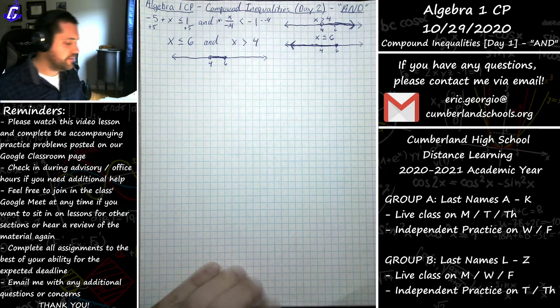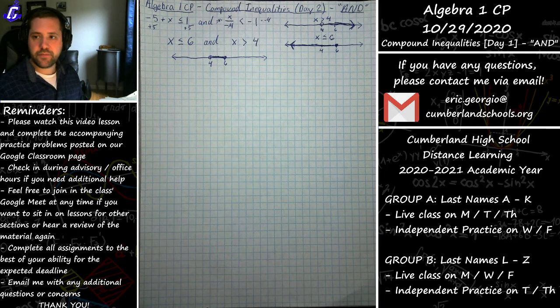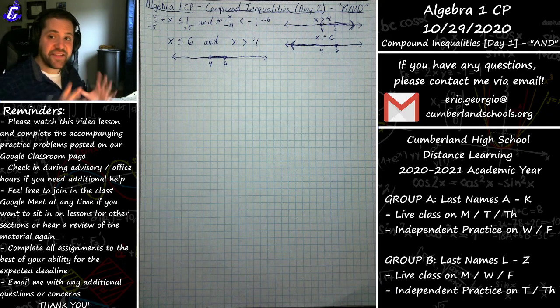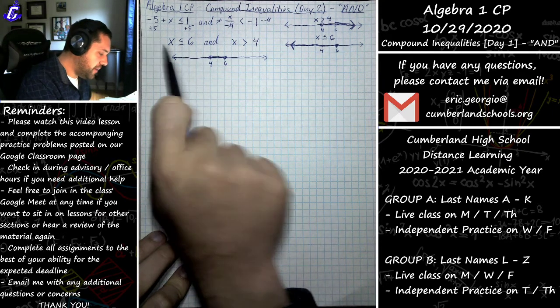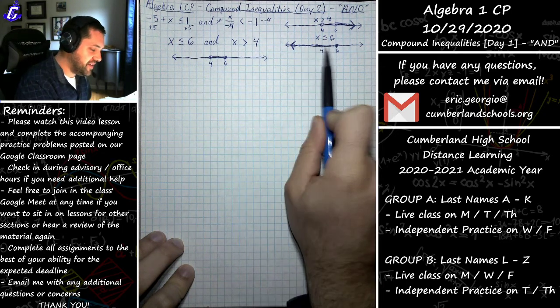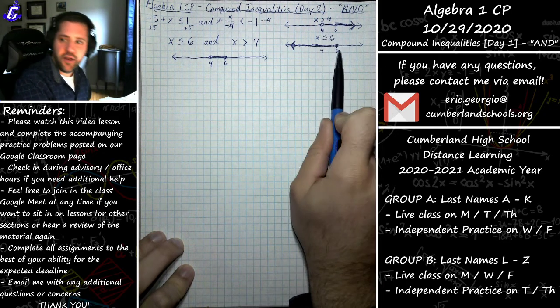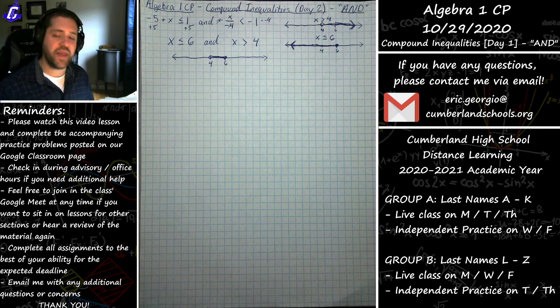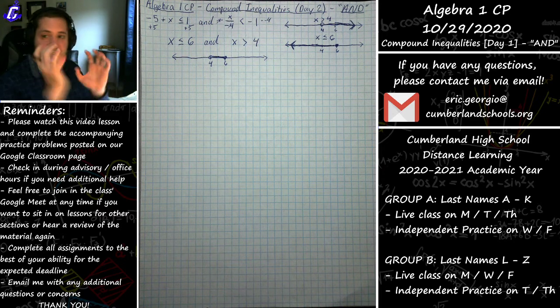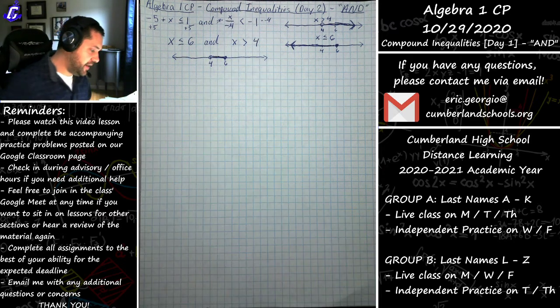It would look like that. Okay? Because that's the region of the number line that is satisfied by both this and this. It's the stuff that got caught in the middle of both shadings. All right, so that's what we're looking for when we're dealing with "and" problems. We're looking for parts of the number line that are satisfied by both of these things.